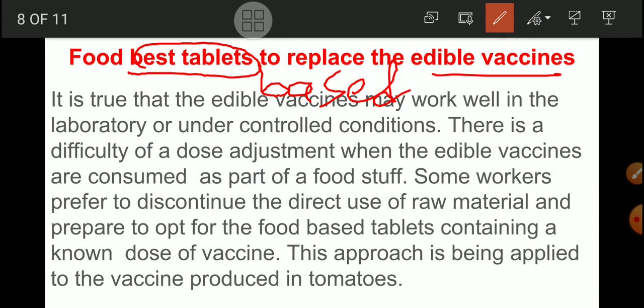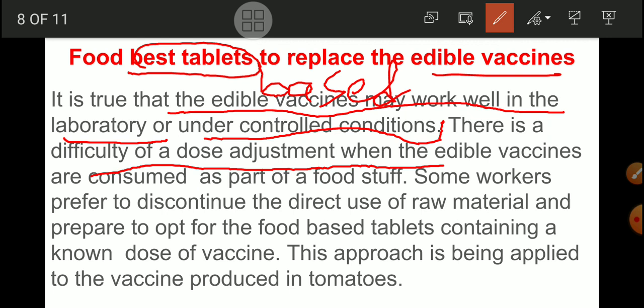It is actually true that edible vaccines may work well in the laboratory or under controlled conditions. There is a difficulty with dose adjustment when edible vaccines are consumed as part of a foodstuff.